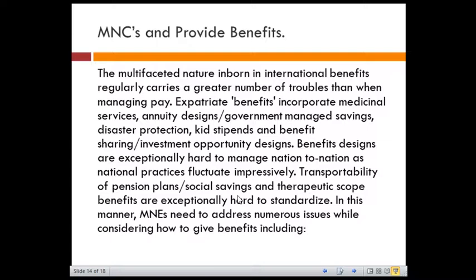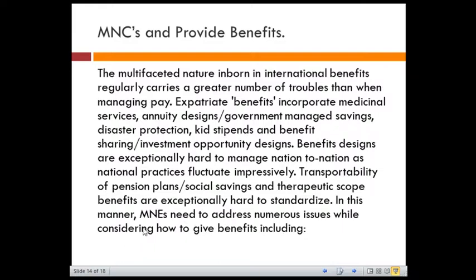Benefits designs are exceptionally hard to manage from nation to nation, as national practices fluctuate impressively. Transportability of the pension plans, social savings, and therapeutic scope benefits are exceptionally hard to standardize.